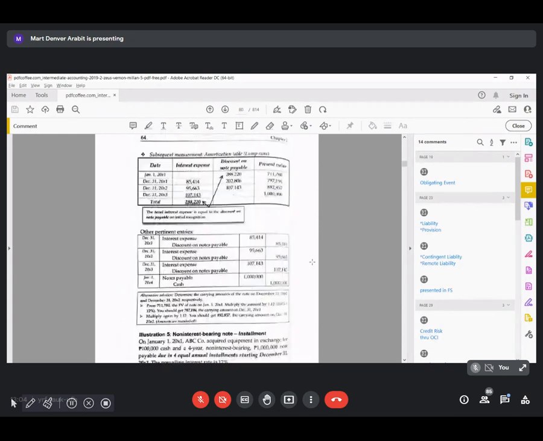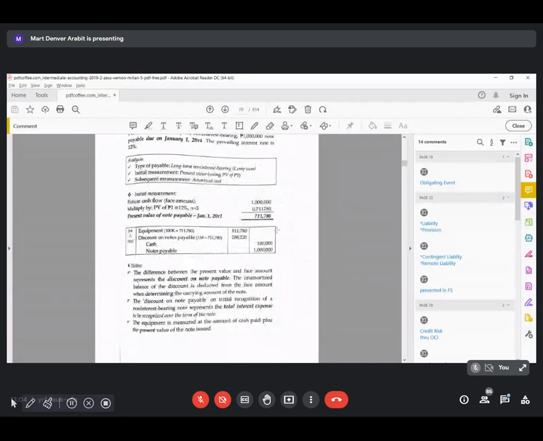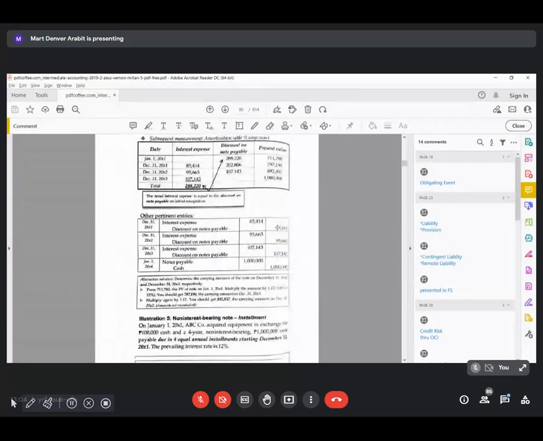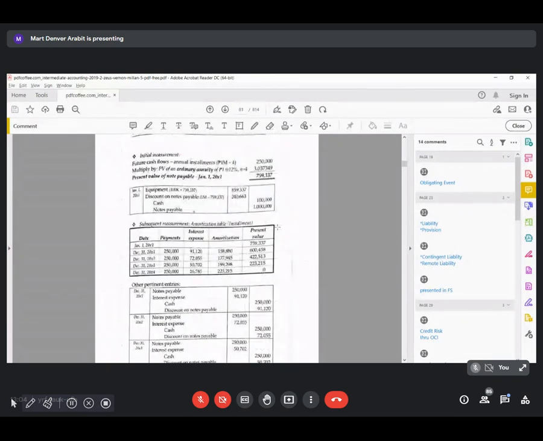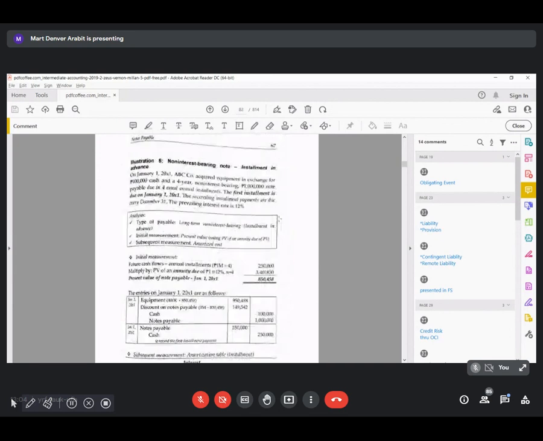Remember, we use the computation, saan ba yun? Ito. So we use the present value of an ordinary annuity. However, dito sa advance payment, ang gagamitin natin is present value of an annuity due or installment paid in advance. So this is used rarely. Bihirang-bihira ito magamit.